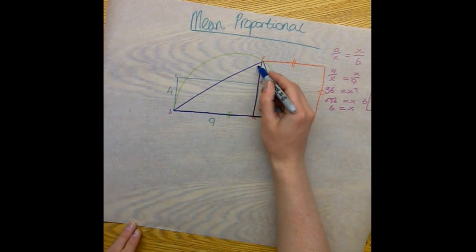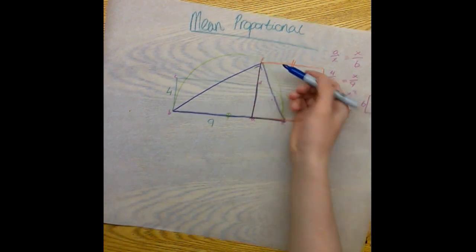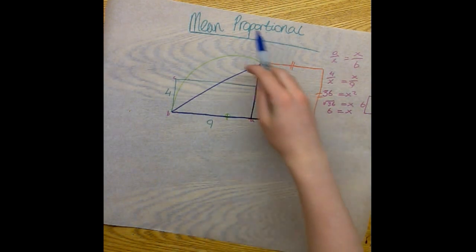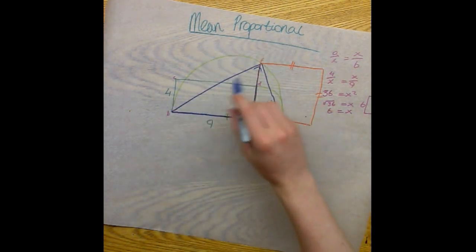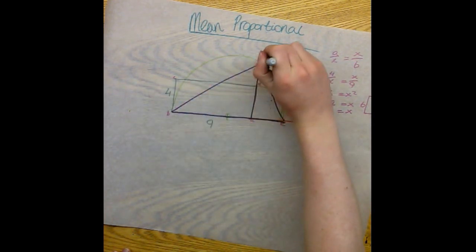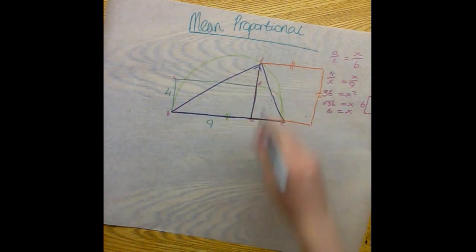So this angle right here is a 90-degree angle. How do we know this? Because this angle is sitting in a semicircle, and any triangle that rests on a semicircle and has a point touching is a right angle.